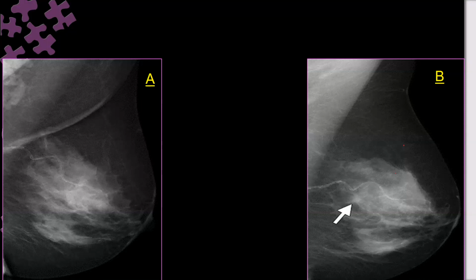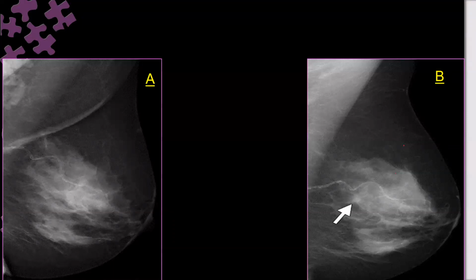You see it in A. So I changed my mind. Which one is first? A is first.